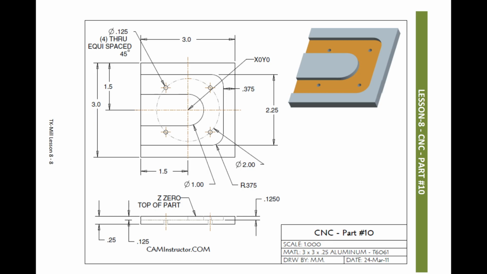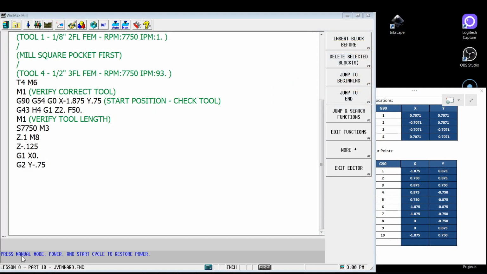So that's what we need to put in for our radius value, a J negative 0.75. And we could have done this here, we should have turned our feed rate up to 93 here for that tool. We're milling aluminum, if anybody's wondering out there, so our feed rates might seem a little excessive in this case.